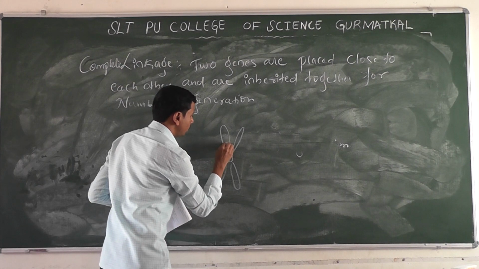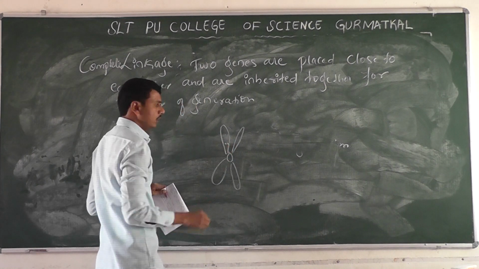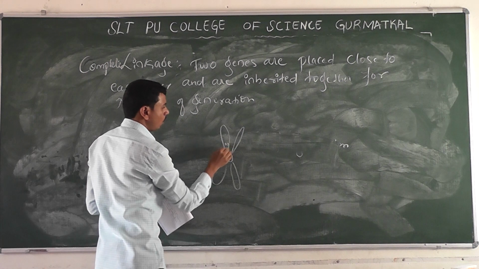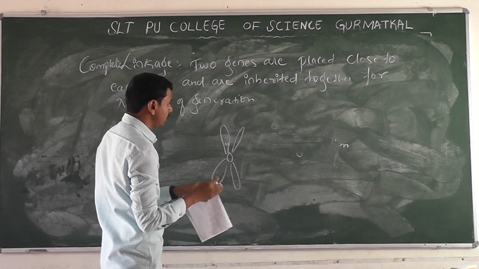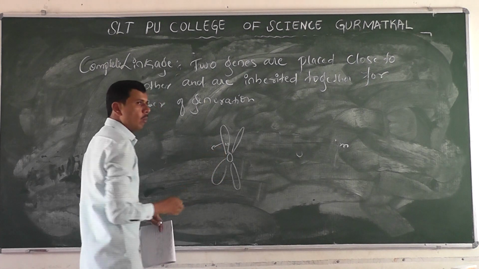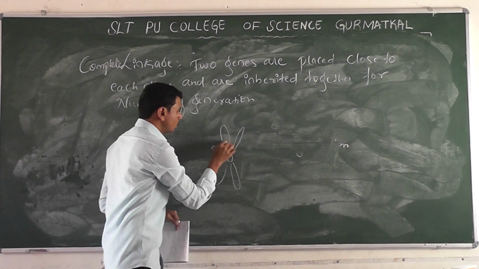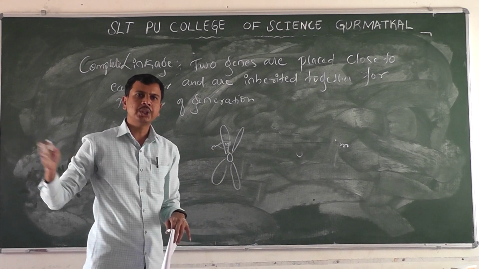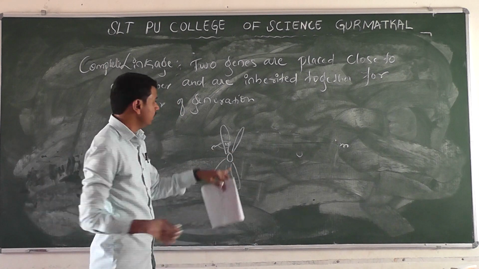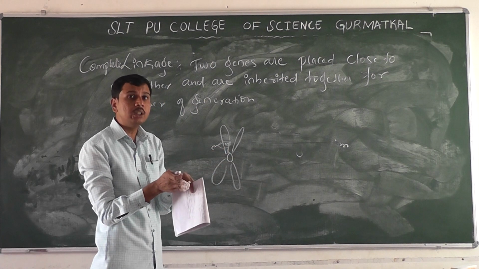If the two genes are situated close to each other, there is more chance that they will transfer from generation to generation continuously.